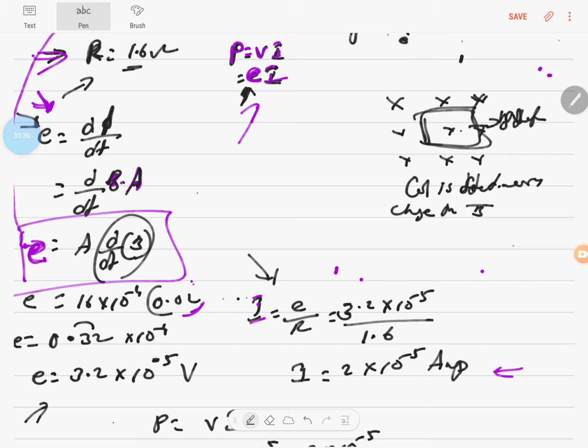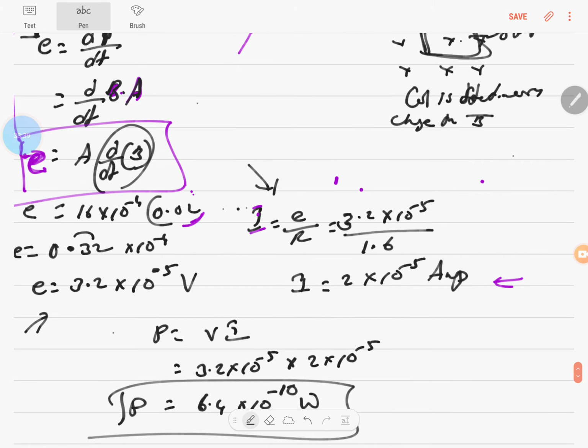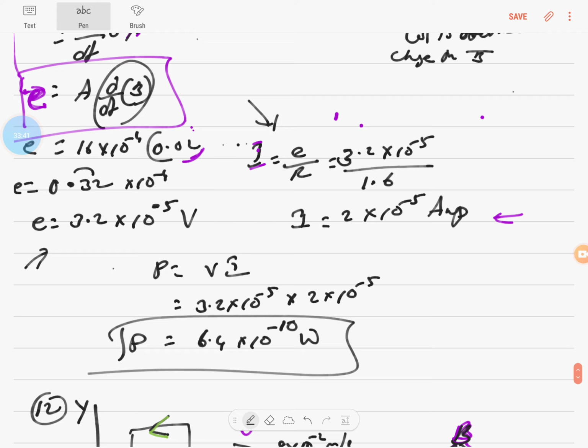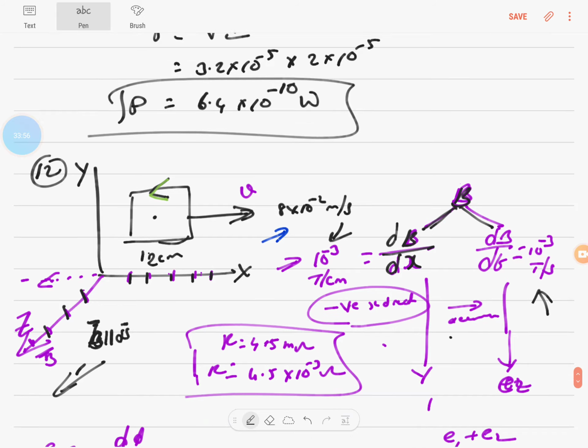And once you know the current, you can find the power using VI. Directly you know V and I. Unlike the previous one where you know E0 and I0, so you have to do E, I is equal to VI, which is E0 into I0 by 2, that is E0 by root 2 into I0 by root 2. Unlike that sum, this is directly current and EMF. Okay, so let's go to the next question.